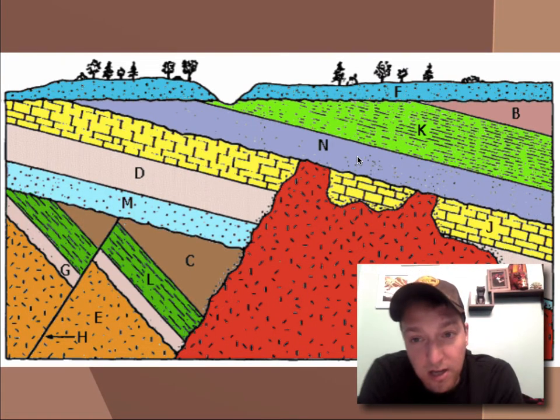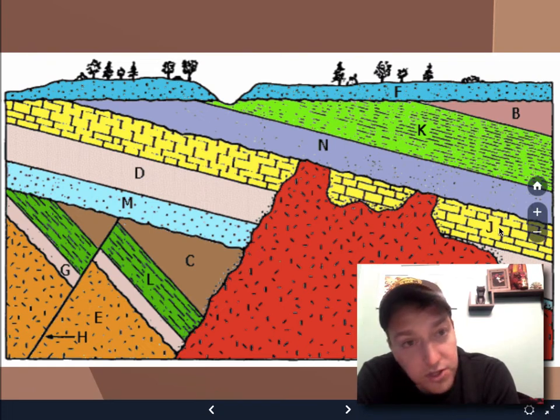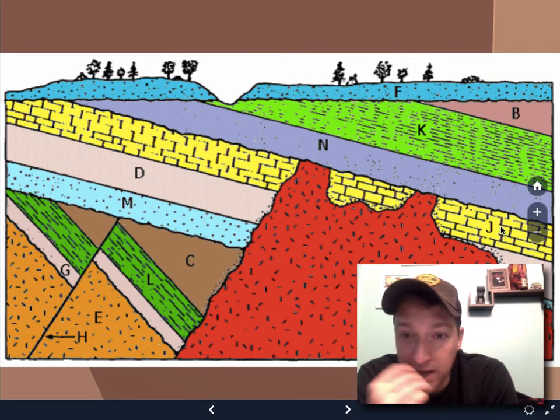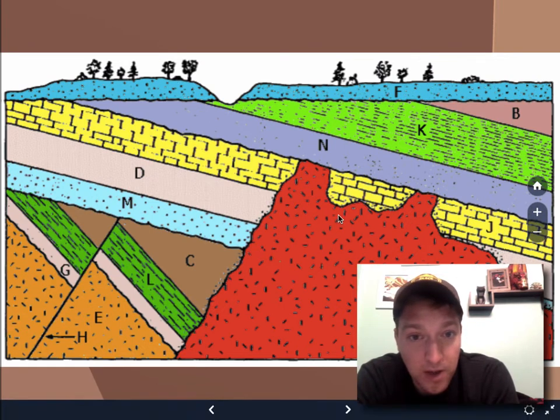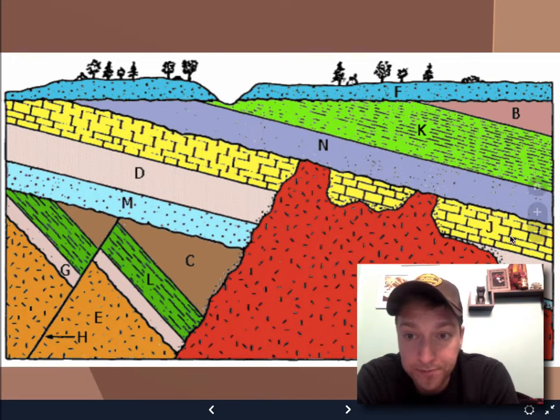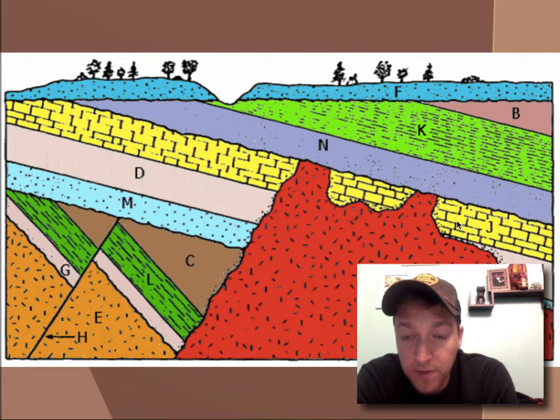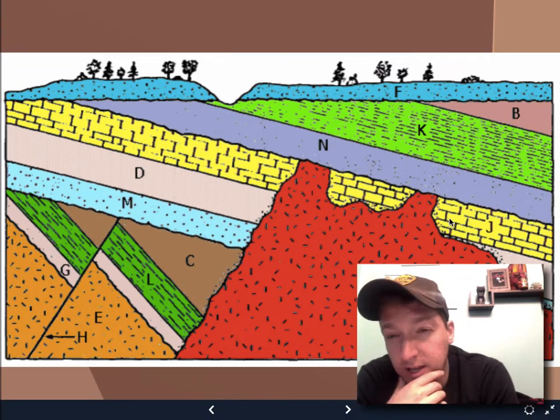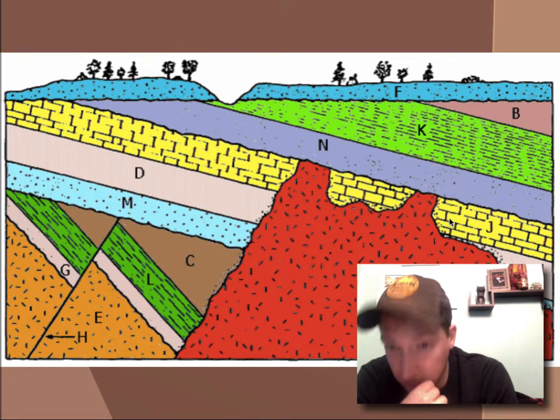Here's where it gets tricky. J is this layer that kind of looks like bricks, but we also have A, which is a layer of magma. Sorry about my cat again. Which one is younger and which one was older?